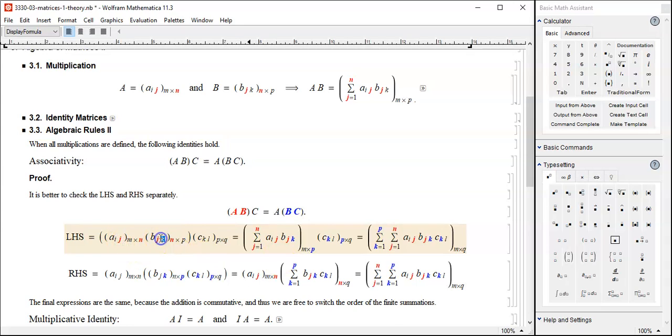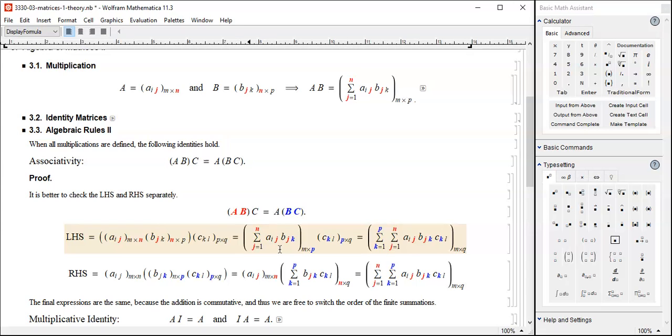A_ij, B_jk. The j's are common, so we end up with the ik entry. And what is the ik entry? It's a scalar product. j is running from 1 through n. The summation is always the case. And ij, jk, they collide and cancel each other out. So all the red part here is essential in the definition, but in the end, it disappears.